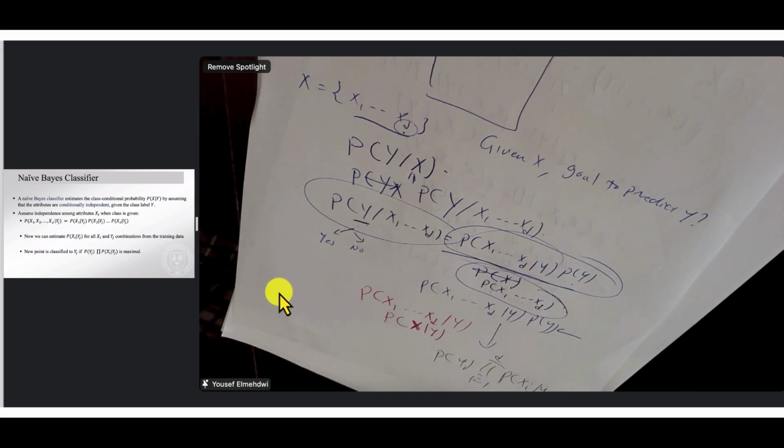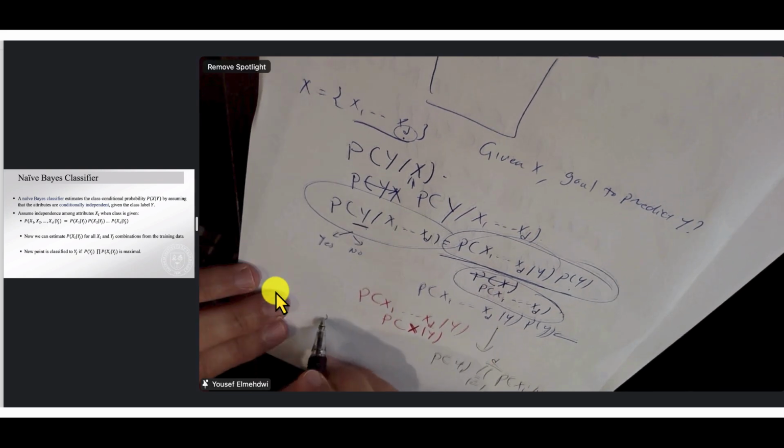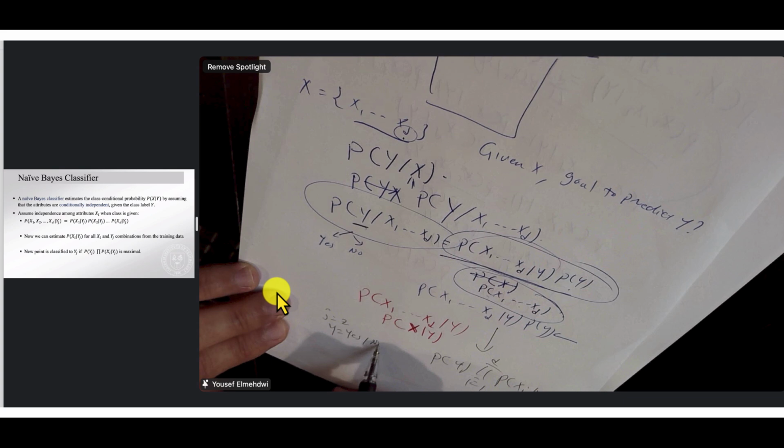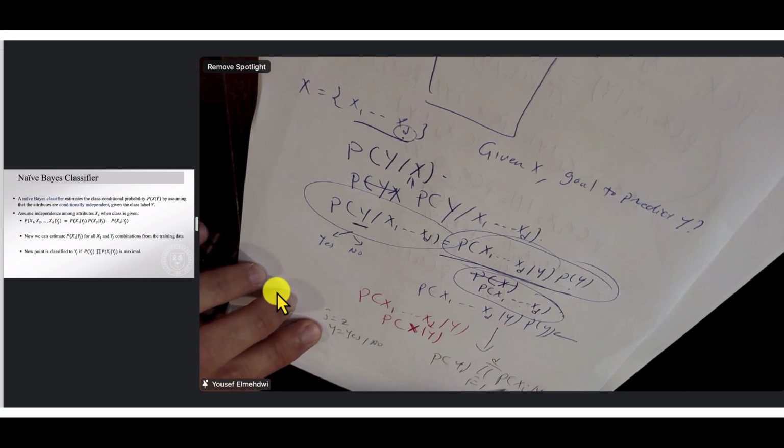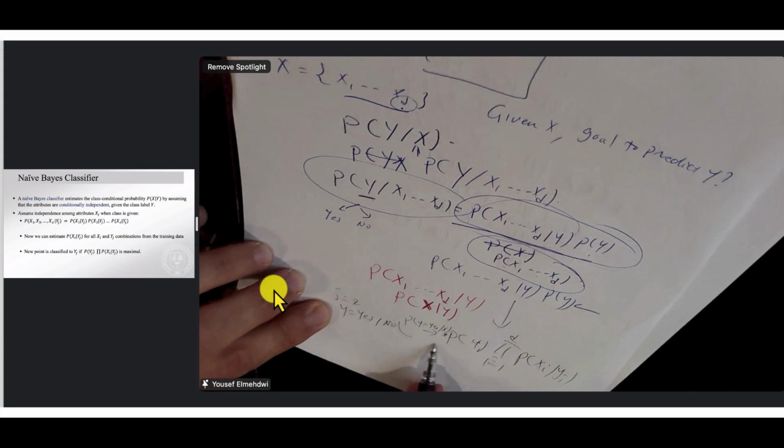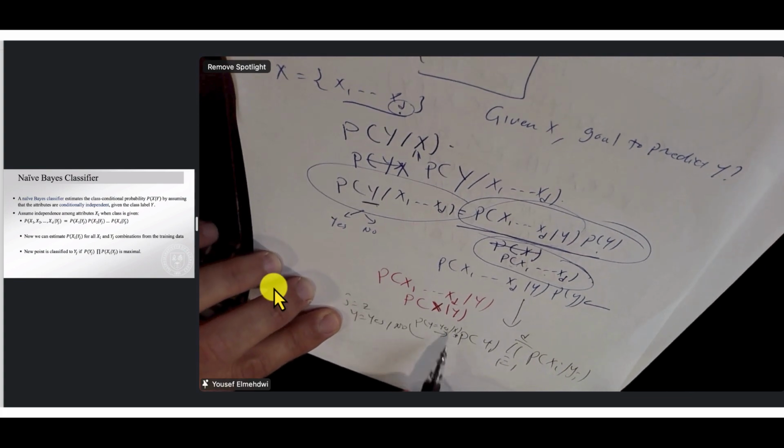Yj means for each class. If j equals 2, for example, in case y is yes or no, then j1 is going to be yes, and I compute the probability of y equal yes given x equal this one thing. Then I do the same computation for the probability of y equal no given x.